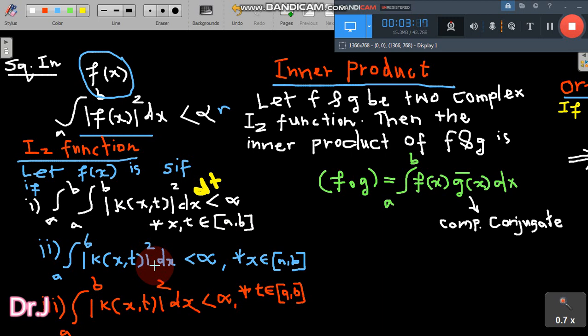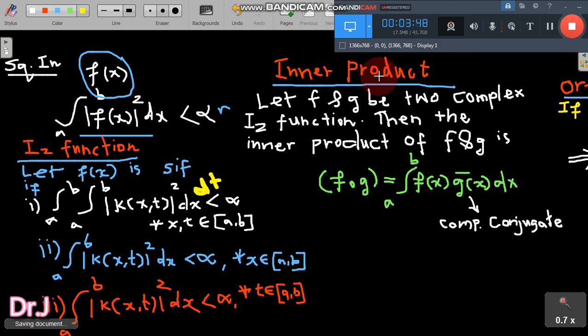The second condition: the integration from a to b of the absolute value squared of the kernel of x comma t dx must be less than infinity for all x in a comma b. And the integration from a to b of k of x comma t squared dx is less than infinity for all x, t in a comma b. Then this function is called an L2 function. So it has to satisfy these three conditions.